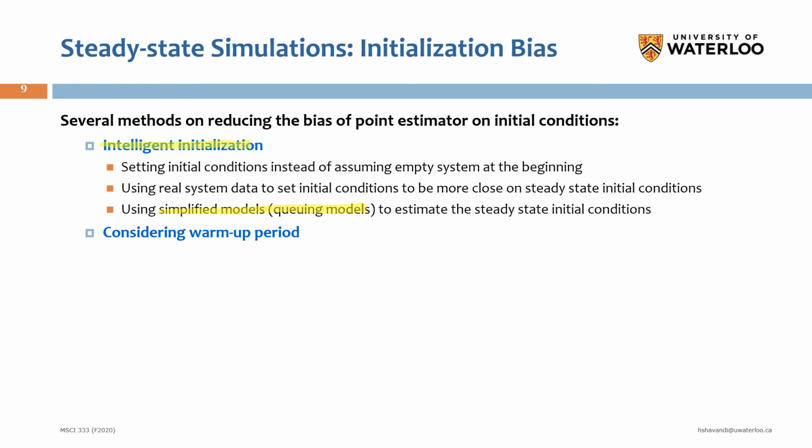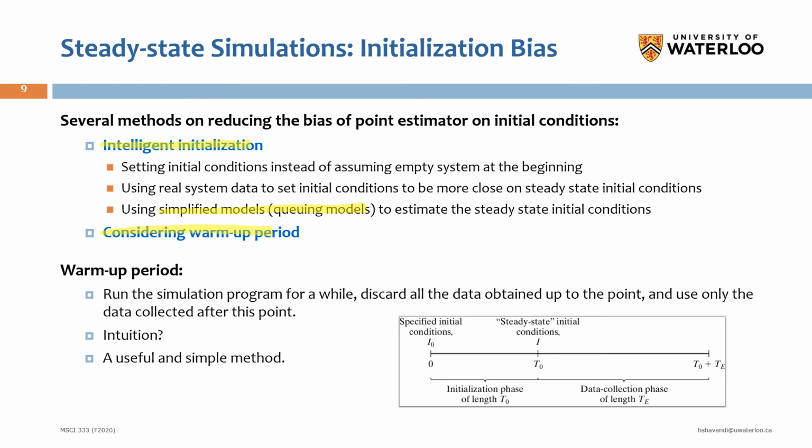And the other method is considering a warm-up period. So here we assume that we run the simulation for a while, and then we discard all data observed and updated up to that point, and then we use the data collected after that point.